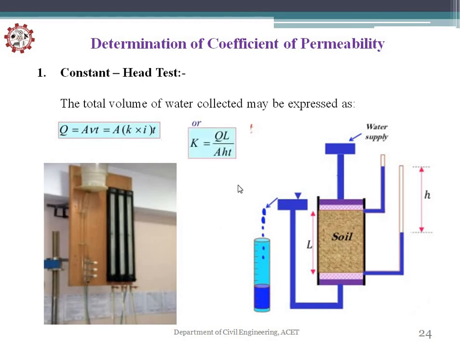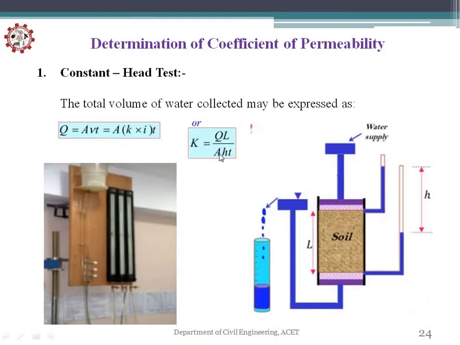That is calculated by K equals QL upon AT, where Q is discharge, L is the length of soil, A is the cross-sectional area of soil, H is the total height between the two piezometers, or initial and final height, and T is the time required for the discharge of water from the bed of soil.